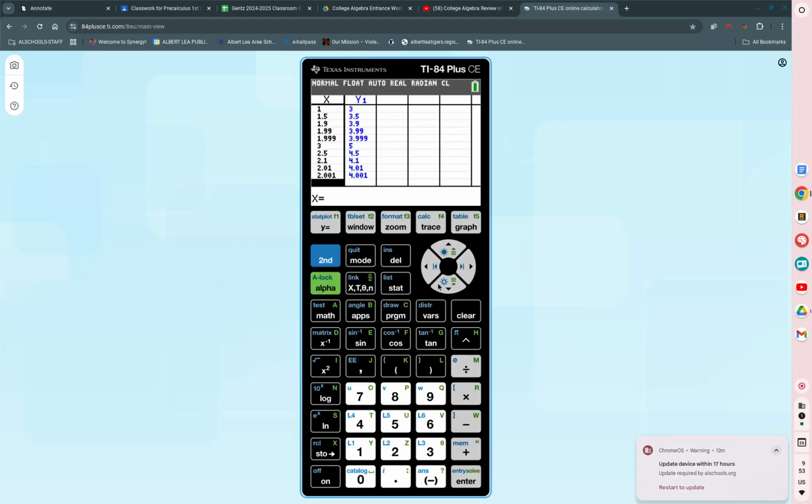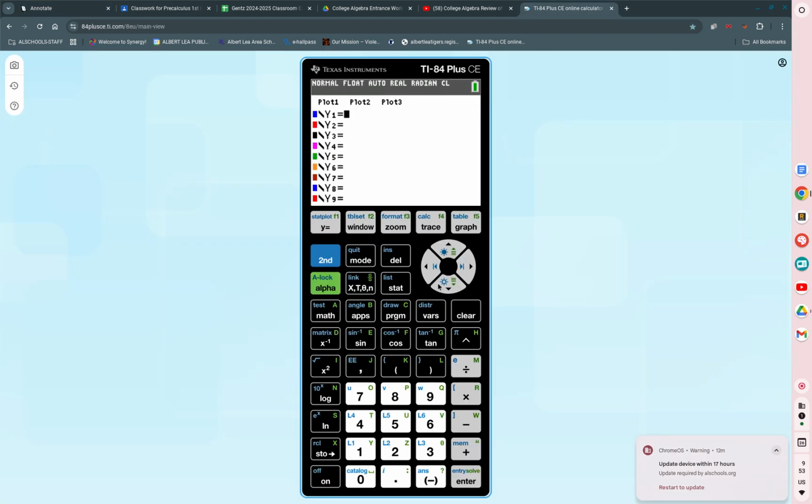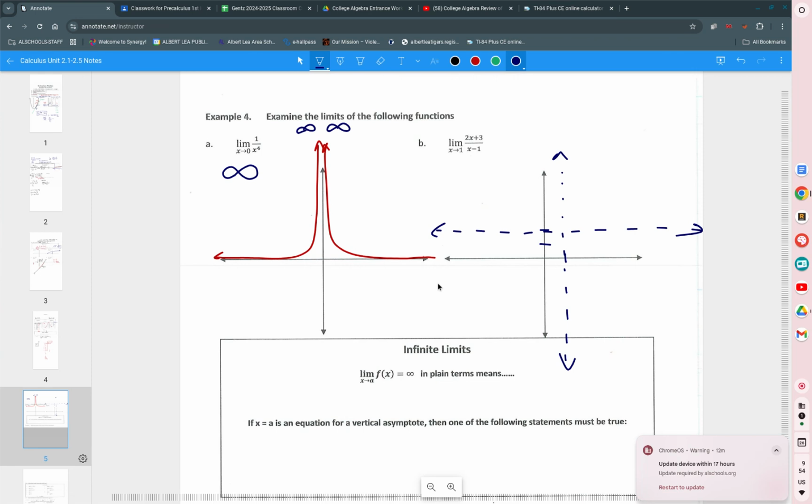I'll do 2x plus 3, divided by x minus 1. And you can see from your graph that it's going to be in the bottom and then in the top in this situation.